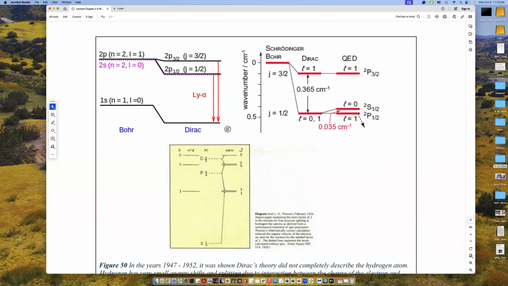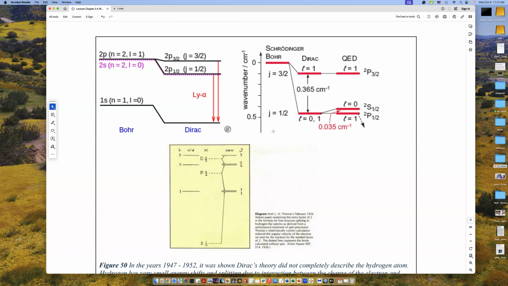And then the modern version does even more of this kind of looking at the implications of the existence of virtual particles that are present in every atom, shielding all the electrons that form the cloud around the nucleus.